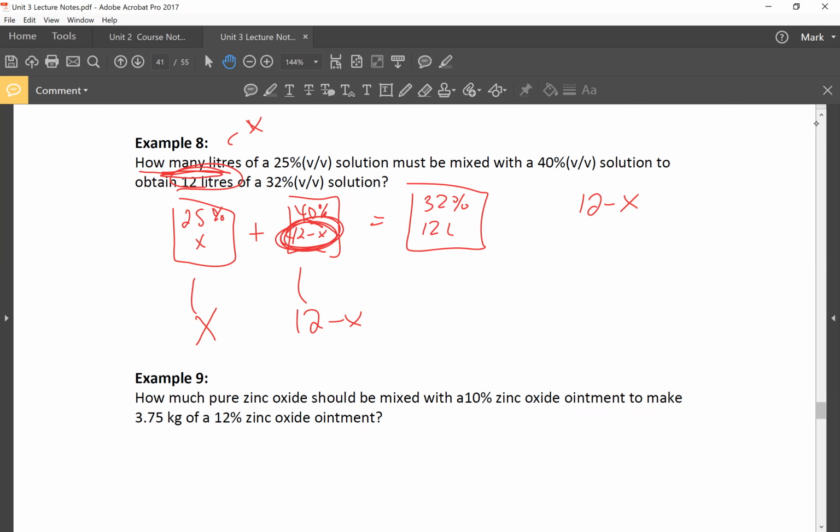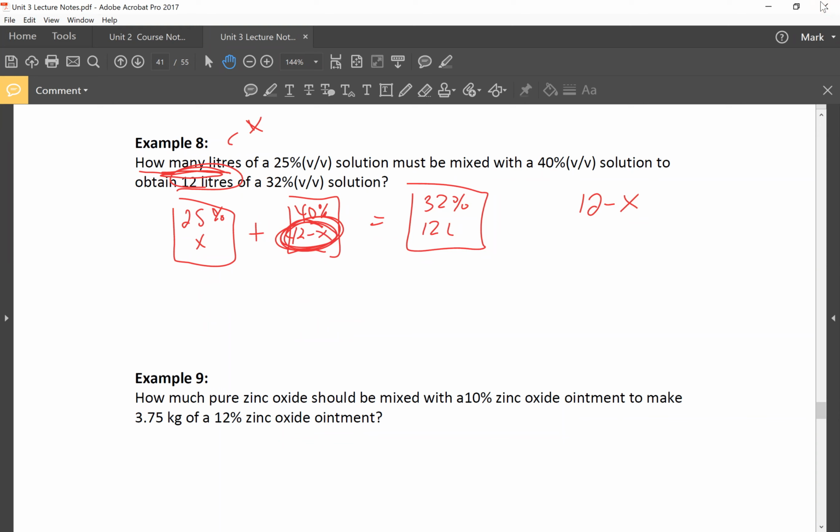Okay. So now I'm going to solve this equation. Okay, so everybody good with that? Actually, maybe I can leave the boxes there, I think I have room.